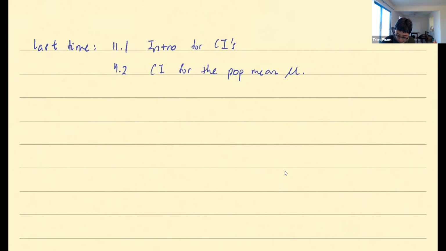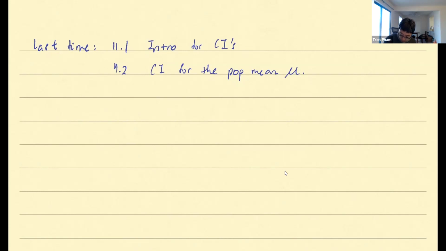So before I go into 11.2 and the rest, I still want to expand on the idea. As I mentioned before, there are many approaches to confidence intervals. We introduced the basic ideas, what it is, what you should watch out for.